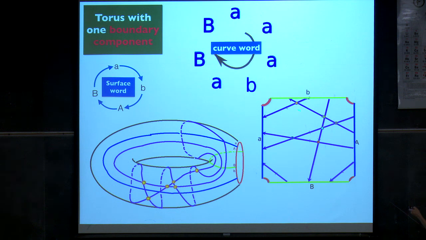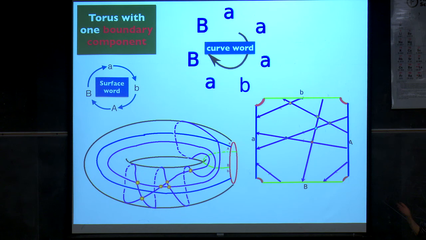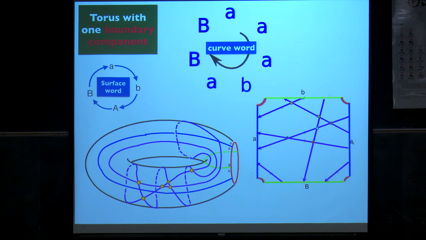Notice that every time I get out, say, through the little b edge, I come in by the big B edge. But I don't record the big B because I know that once I cross the little b, afterwards is the big B. So I'm smart and I just record the first one. So by going like this, A, then capital B, and so on, I get this ring of letters. This is a curve word.